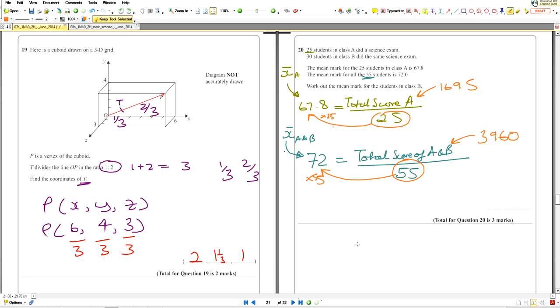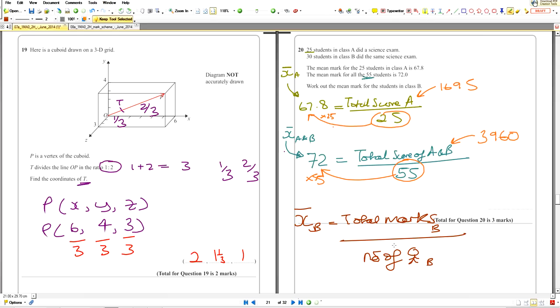Okay, the question goes, work out the mean mark for students in class B. Let's write down what that actually looks like. So the mean of class B is going to be the total marks for B divided by the number of students in class B. Now, what is the total marks of class B?